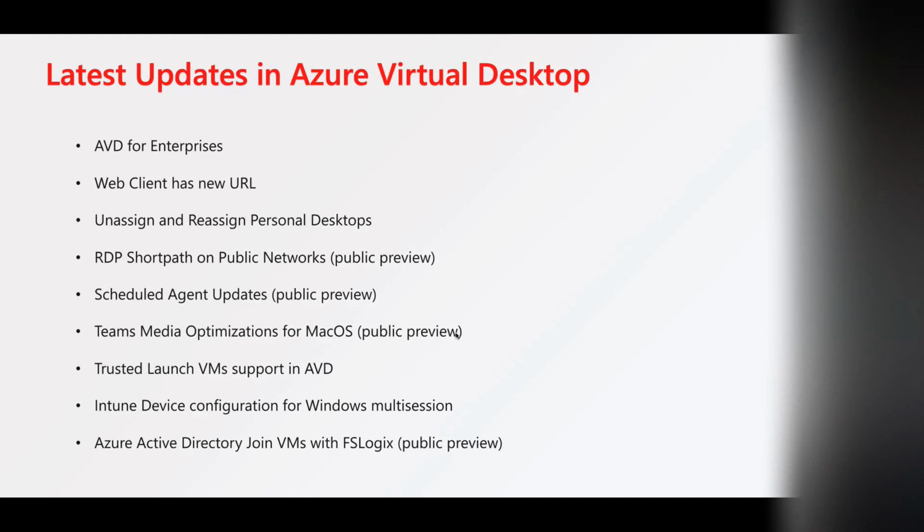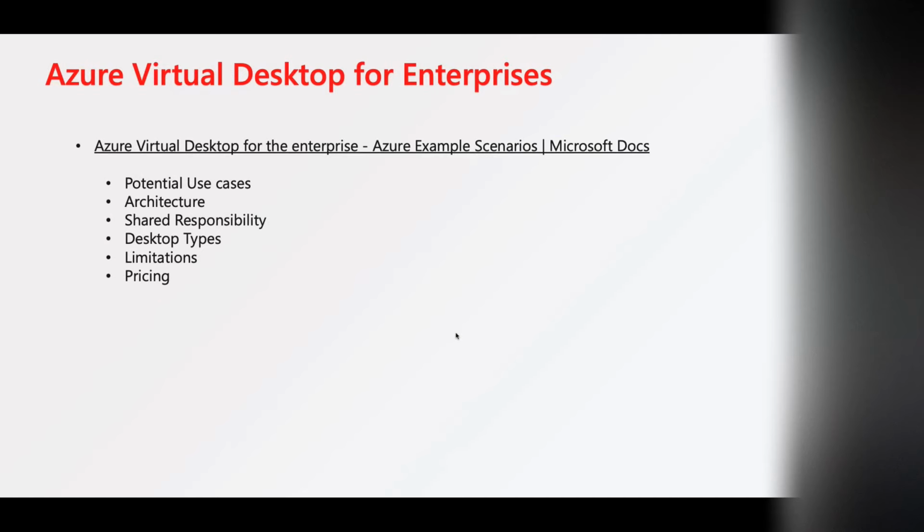So the first thing we did was we recently rolled out a document called How Azure Virtual Desktop Helps the Enterprises, right? A lot of times customers have questions. Is it safe to consume these VDI offerings securely from public cloud? What does it mean? What are my potential use cases?